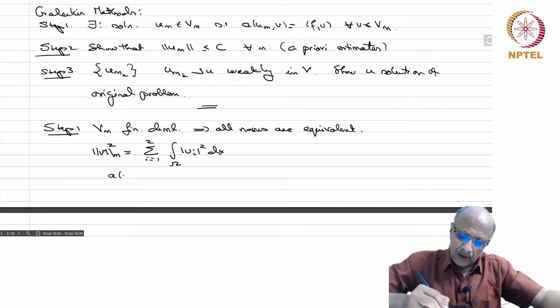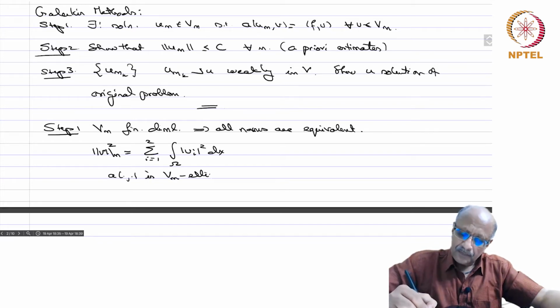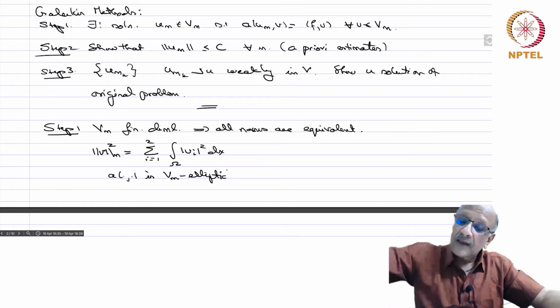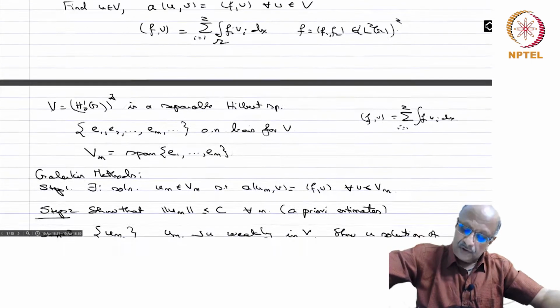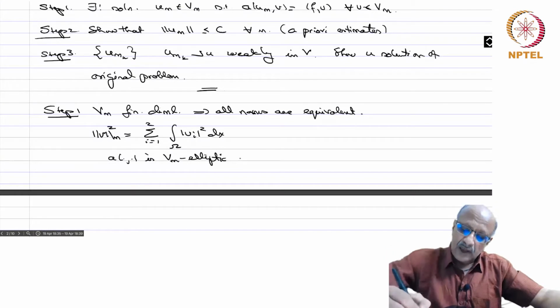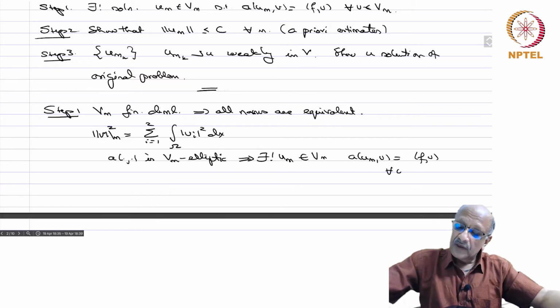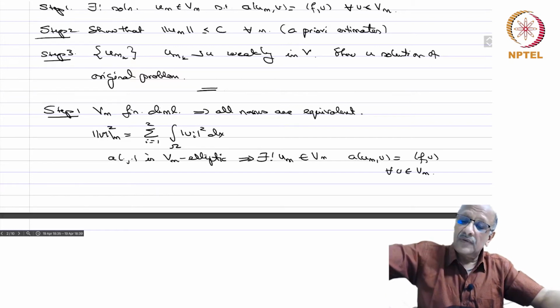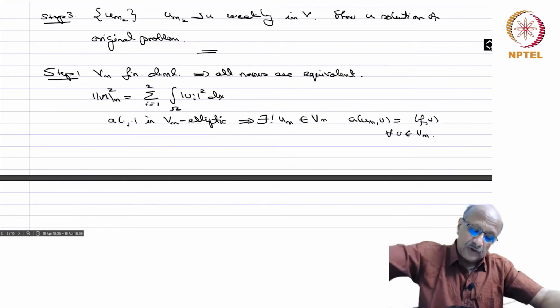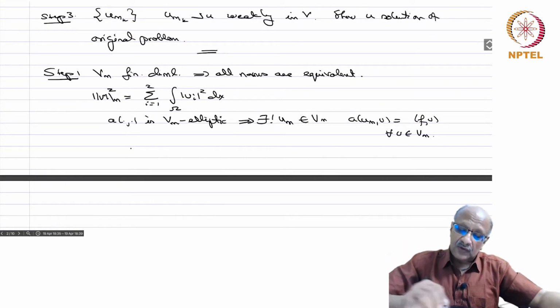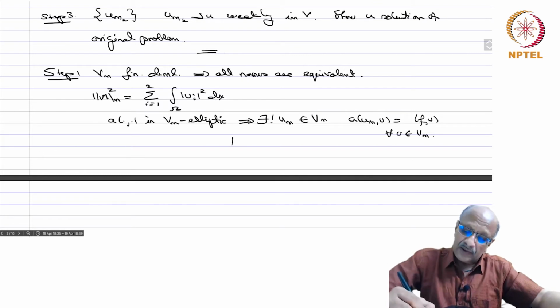So a is now Vm-elliptic, as we already saw, and it is continuous, which implies there exists a unique um in Vm such that a(um, v) equals F(v) for every v in Vm. So the first step is by the Lax-Milgram lemma.